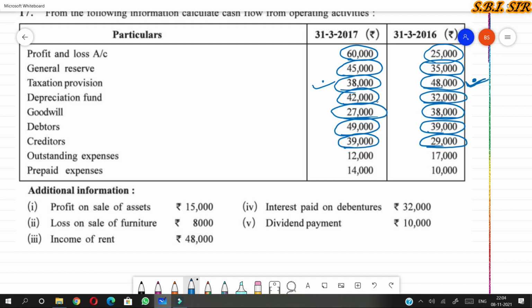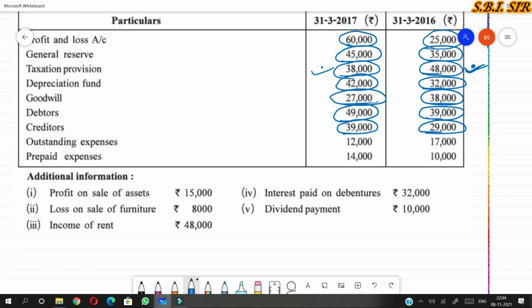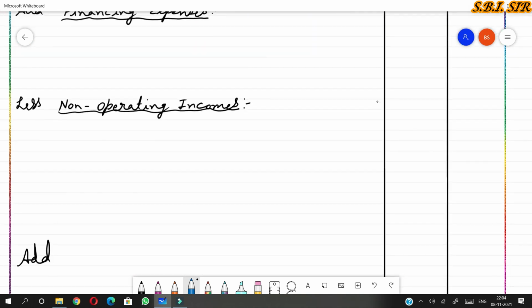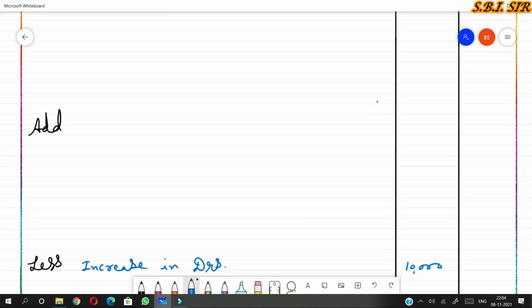If current liabilities value increases, then cash flow also increases. So we will record it in add: increase in creditors 10,000.